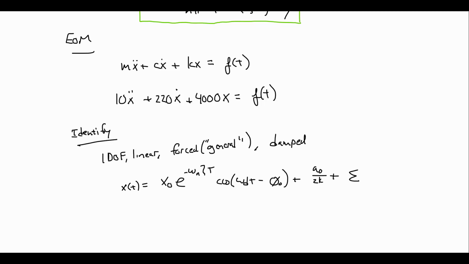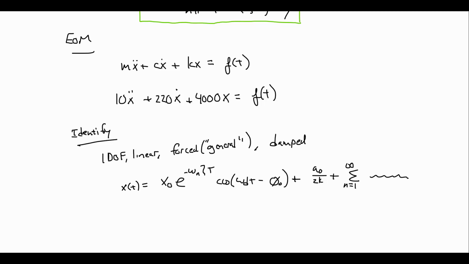Then this is going to be the particular solution part, the a naught over 2k, and then this summation from n equals 1 to infinity. And I don't want to write the whole thing out, so I'll just leave it here. This is that summation part that we saw in the previous example and that is on the slide, so I won't write it out in detail here.